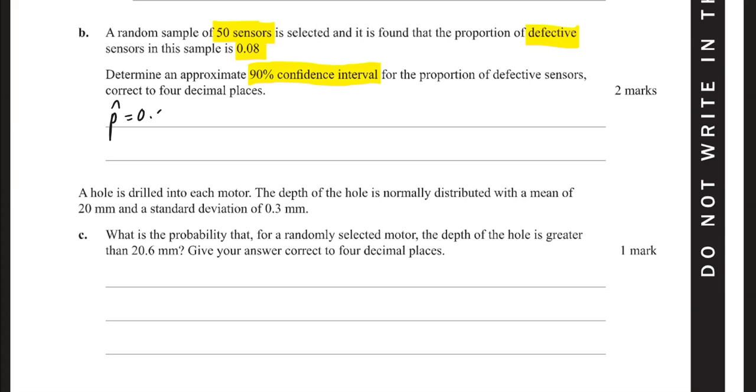P hat is 0.08, n equals 50, z equals 1.645. This was if I was to use the formula. And the approximate confidence interval for this proportion is 0.0169, 0.1431.